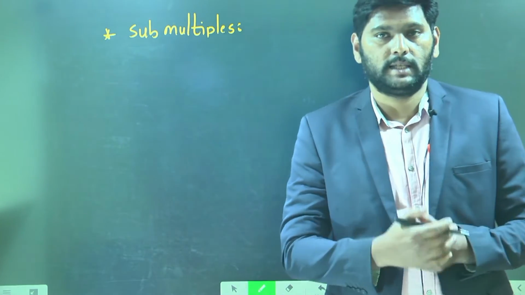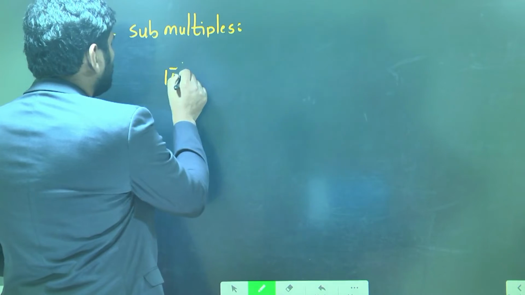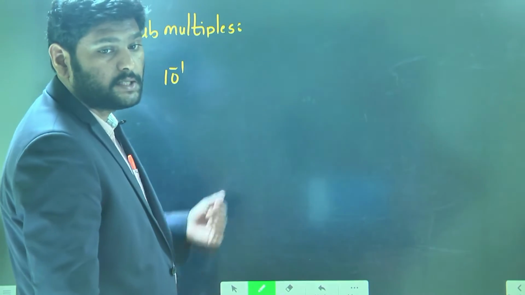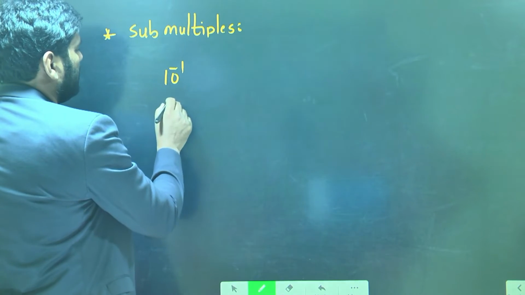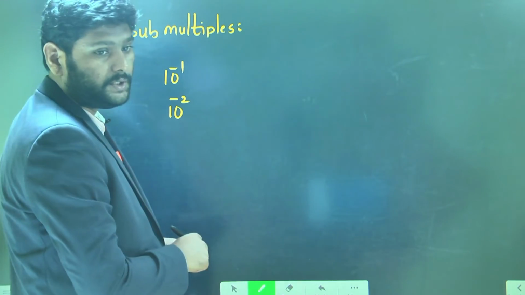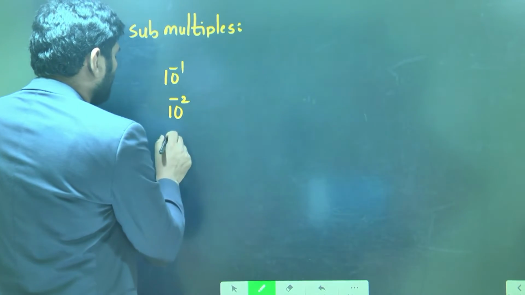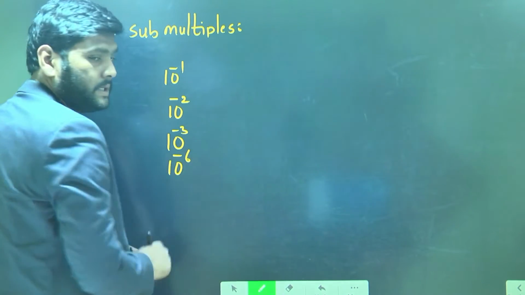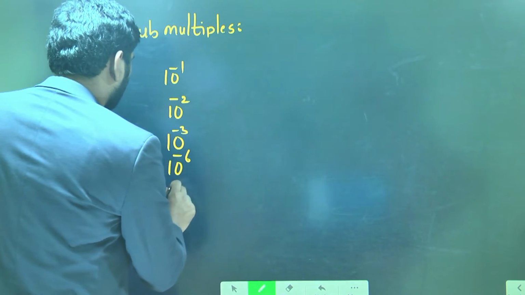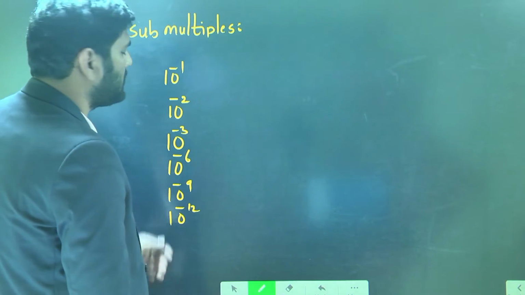So what is below 10? Below 10 is nothing but 10 power minus 1. The next is 10 power minus 2, 10 power minus 3, and 10 power minus 6, and 10 power minus 9, and 10 power minus 12. That way we can use the submultiples.